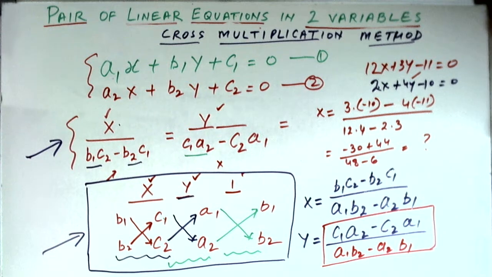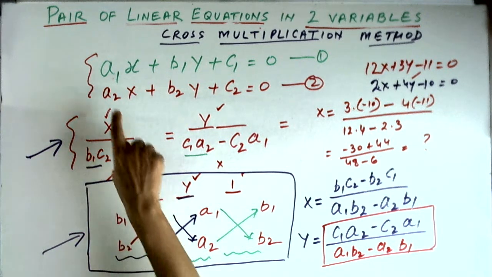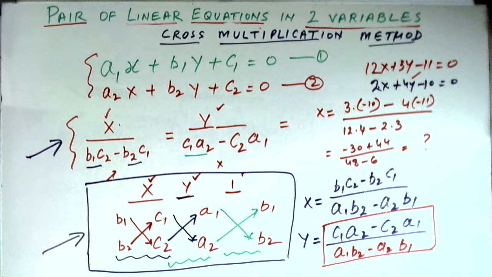So this way we can solve the equations. Whatever equations are given, by applying this formula we will be able to solve them. What we have learned in this video is the cross multiplication method. We have two equations like a1 x plus b1 y plus c1 equal to 0, and the other equation has coefficients a2, b2 and c2.